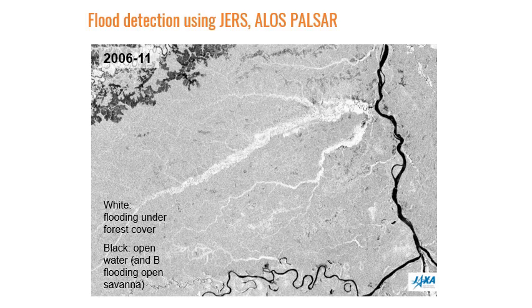But in this case, with JERS-1 and ALOS PALSAR, the signal can go through the canopy and hit the waters under the canopy.